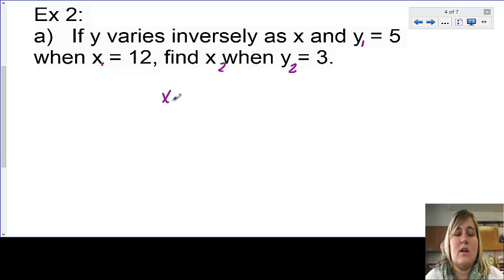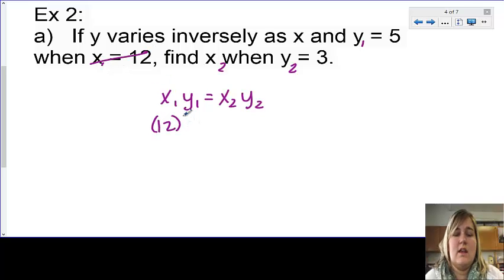So our equation was x sub 1 times y sub 1 is equal to x sub 2 times y sub 2. So I'm just going to plug everything in. Instead of x sub 1, I'm going to put my 12. Instead of y sub 1, I'm going to put my 5. That's equal to x sub 2, which I don't know, that's what I'm trying to find, and y sub 2 is 3.